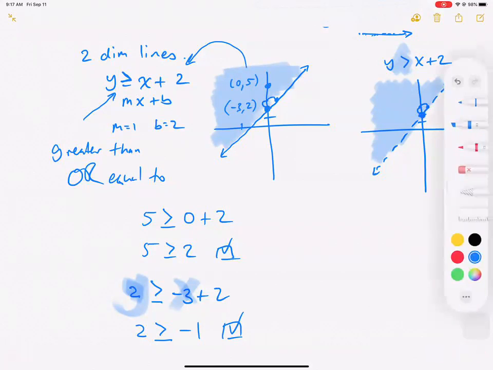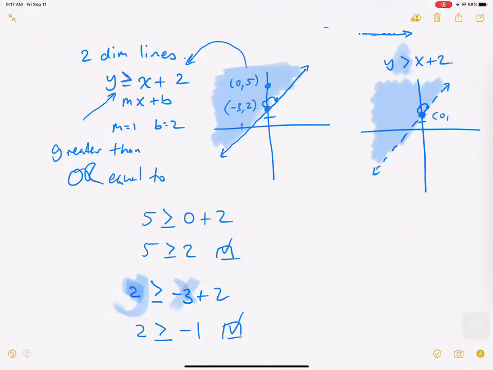Now, I'm going to give you a point here that's not going to work. We're going to take the point right here. The point is 0, 2. 0, 2 is actually on the line. Now, would this give me a true statement? If I plug in y is 2 greater than x is 0 plus 2.